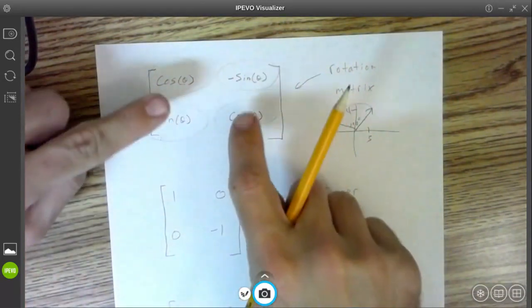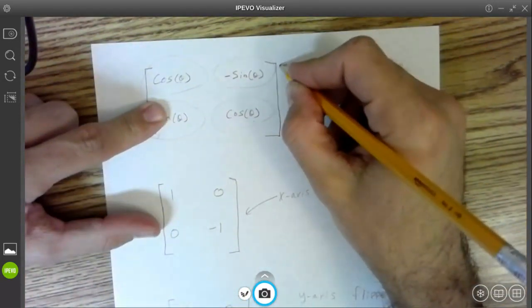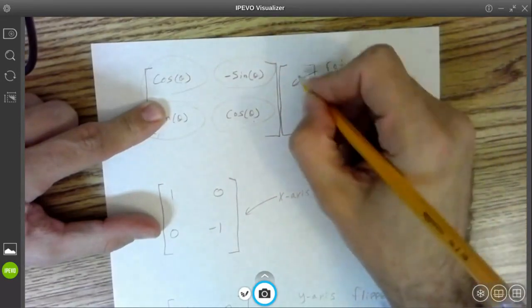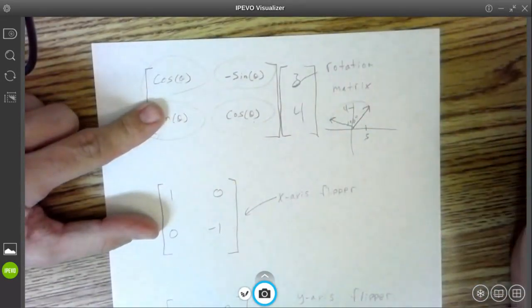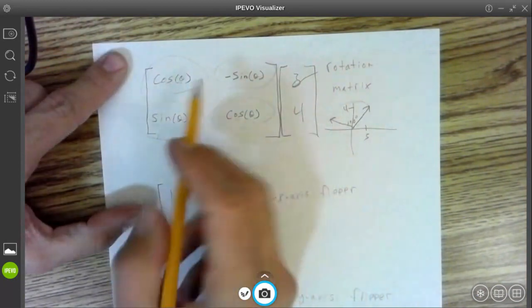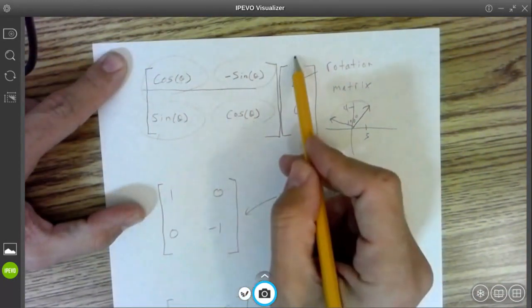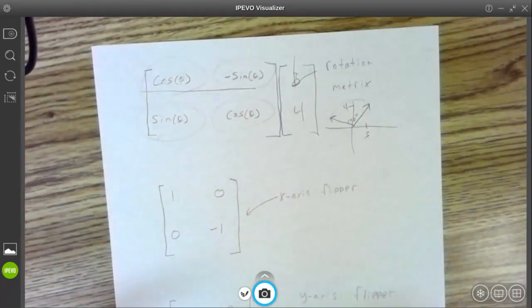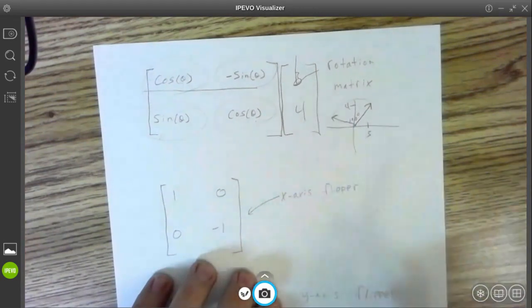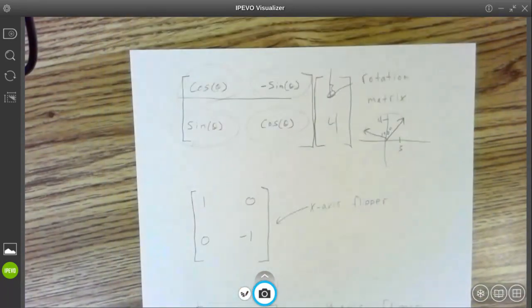But when you take that matrix and multiply it by 3, 4, whatever this actually comes out to be, when you do the rows here, column here, when you multiply it, the answer to that is going to be your new position. It's going to be where you want it to be. Okay? So they rotate stuff.